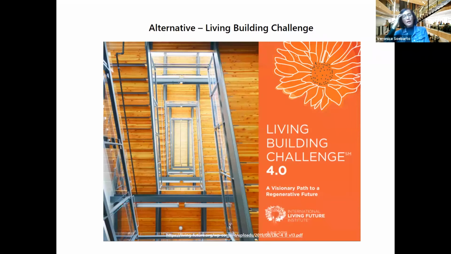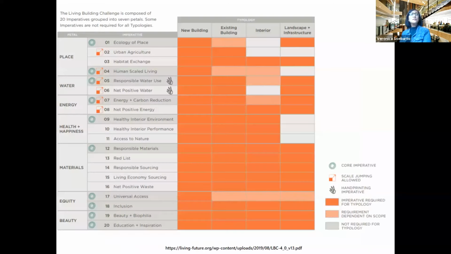There's another tool that you can look at, and I'm just showing this, and you can use it almost like a checklist, I guess, if you're not really using it for a real project, but at least the parameters that they propose can help you think about the social aspect of sustainability. So the Living Building Challenge is another tool that you can look at, and you can look at the criteria here. It starts to address more and more about the people.